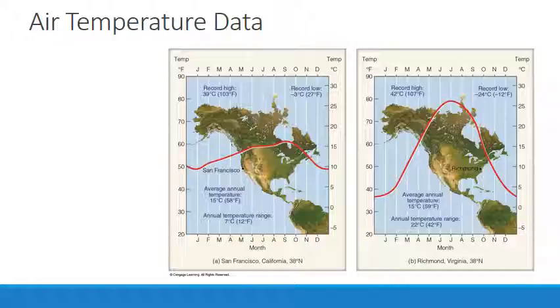But Richmond has much higher summer temperatures and much lower winter temperatures than San Francisco. Why do you suppose that might be the case? We know that they're both at the same latitude. One's on one coast and the other's on the other coast. Well, we'll talk about this more in the presentation about temperature controls.